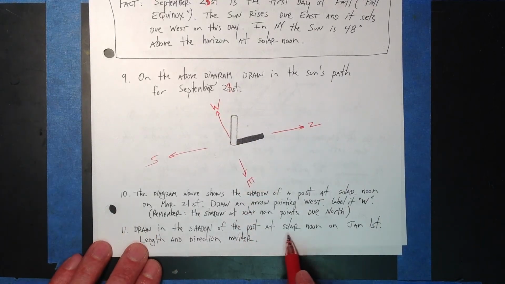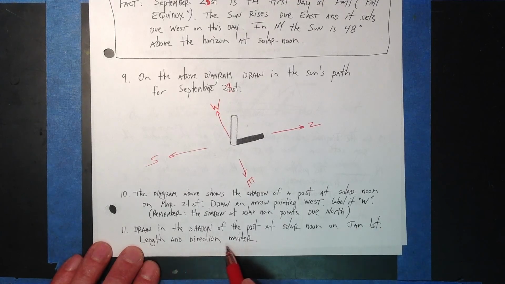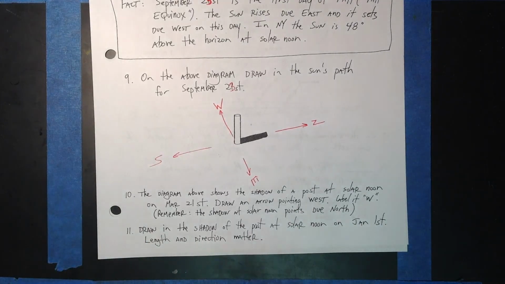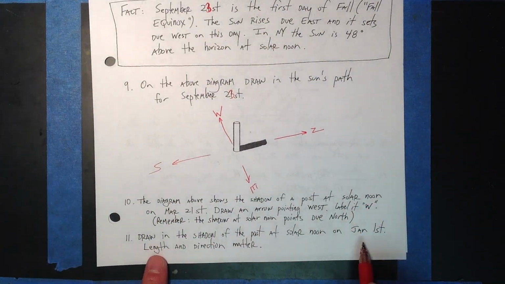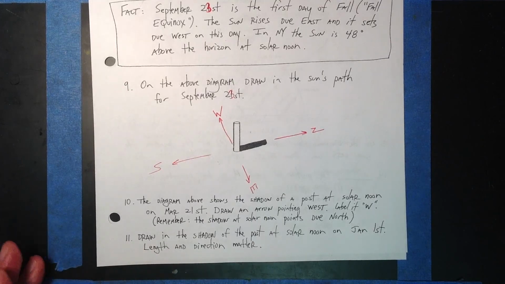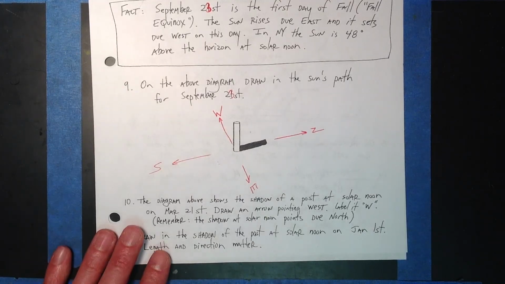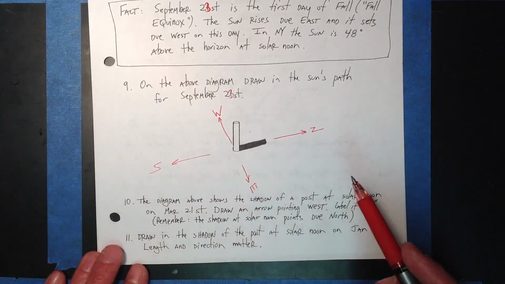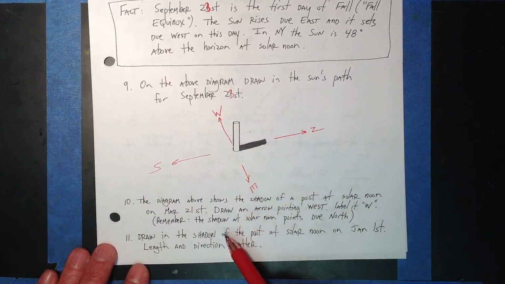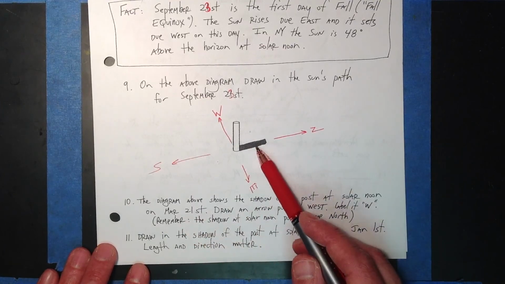11. Draw the length of the shadow at solar noon on January 1st. Length and direction matter. Okay, this you need to know. I guess it's not in here anywhere, but know that on January 1st, the sun is much lower in the sky. That's why it's winter. The sun is lower in the sky, lower path. So the shadow, again, at solar noon, will point the same direction, but because the sun is much lower in the sky than on this day, March 21st, the length of the shadow will be longer.